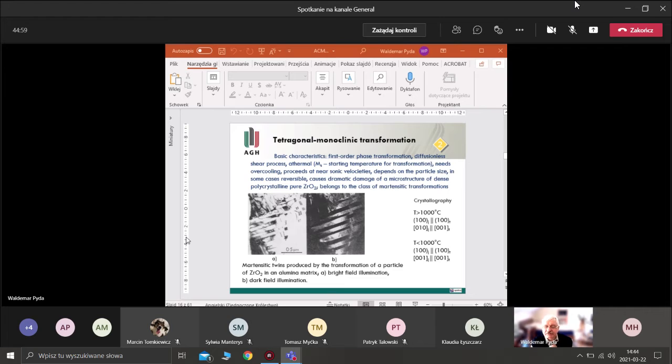Okay, and what are the features of the T2N transformation, tetragonal to monoclinic? What are the basic features?